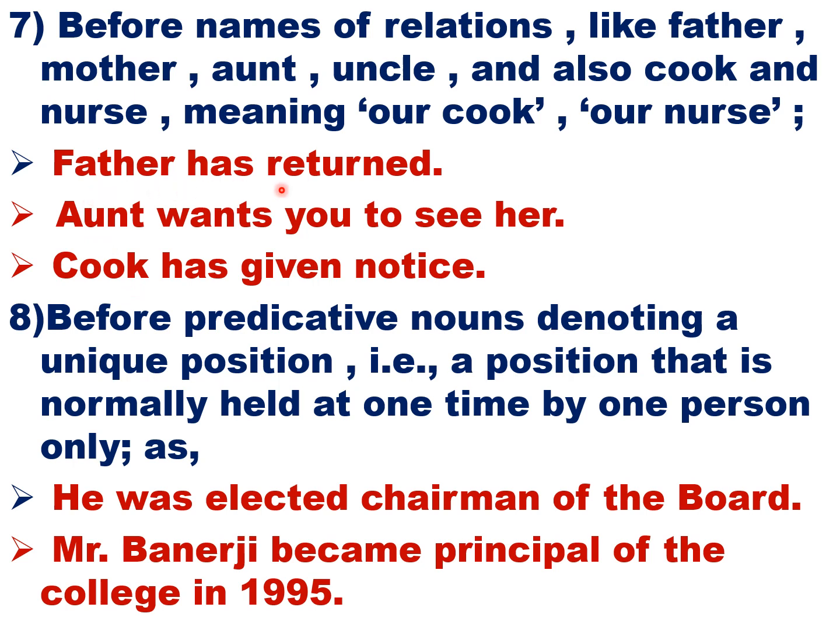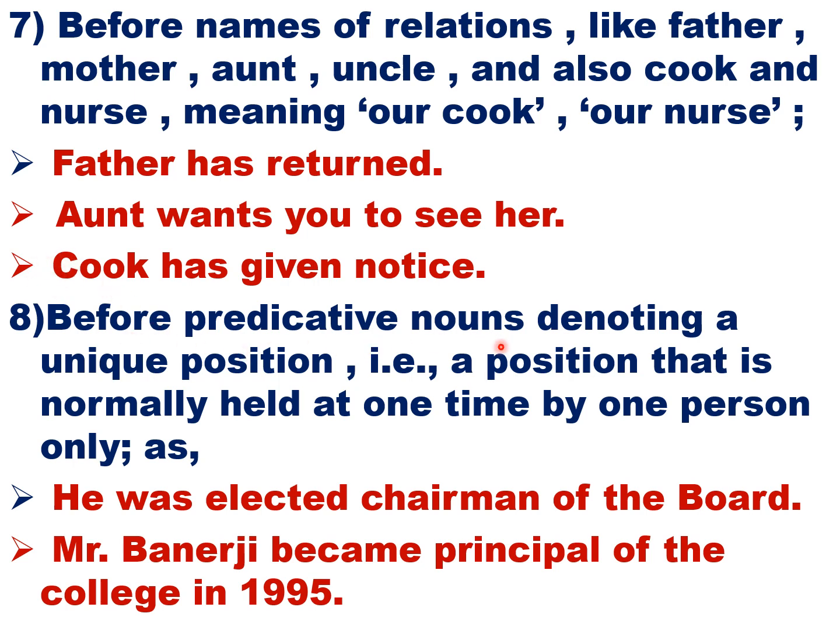Example, father has returned and wants you to see her. Here there are no articles before father and aunt. Here also, cook has given notice. Here this cook refers to our cook, so there is no article before cook.